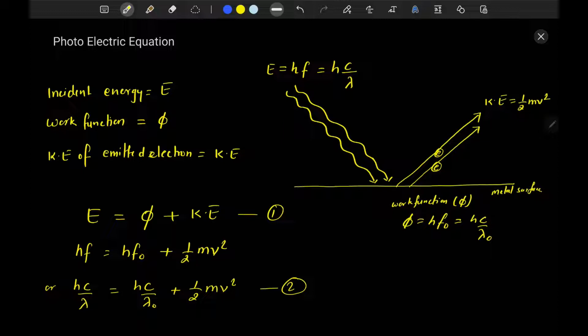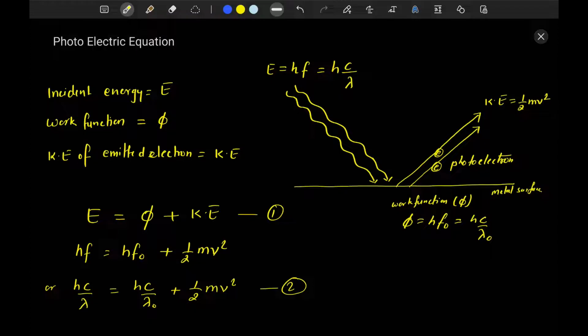The emitted electrons from the metal surface are called photoelectrons. And the current produced due to these photoelectrons is called photoelectricity.